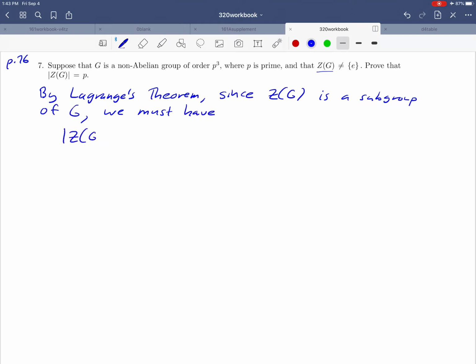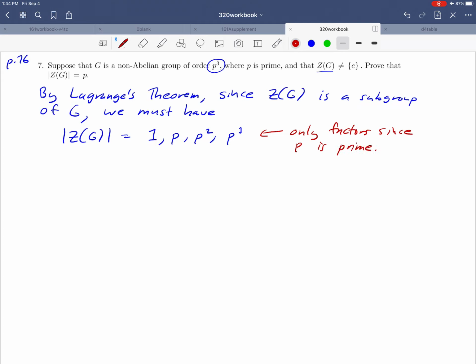It comes down to asking, what are the divisors of p cubed? Since p is prime, the only divisors are 1, p, p squared, and p cubed. These are the only factors.